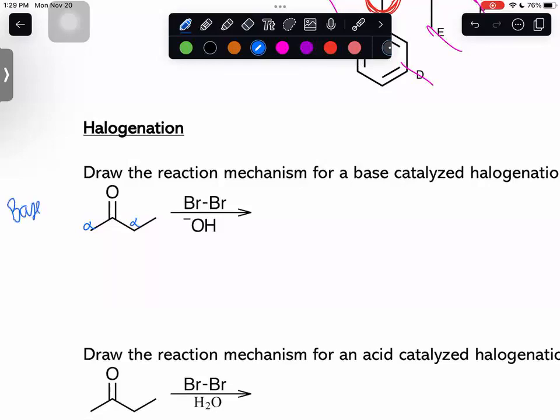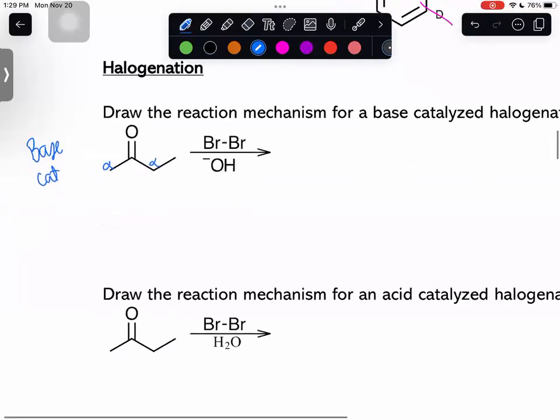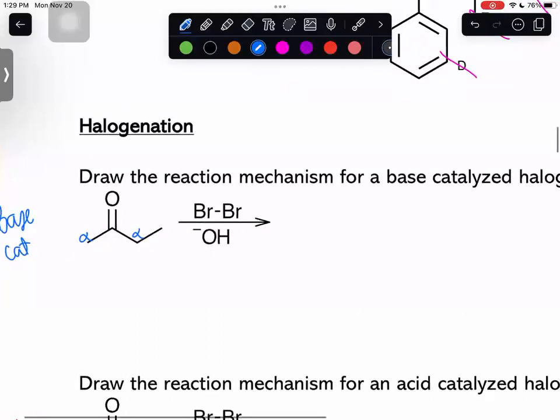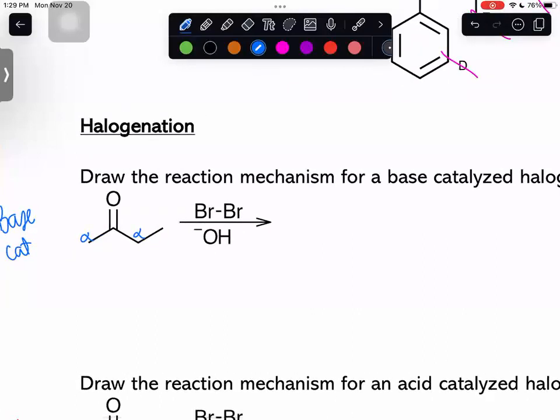Let's start with our base catalyst. And then we're going to do the acid catalyst reaction. Now you have to keep in mind that the following reactions are going to happen in both acids or bases. And it's mostly just going to be with ketones, and there's a few with esters.